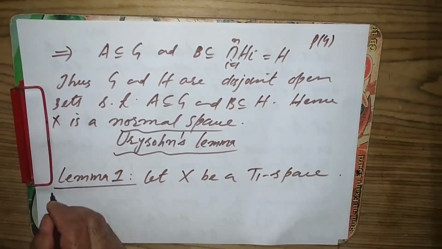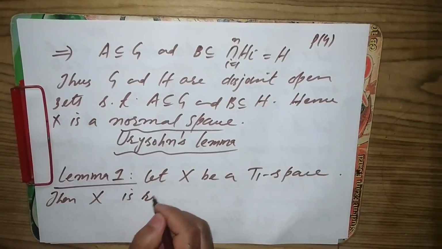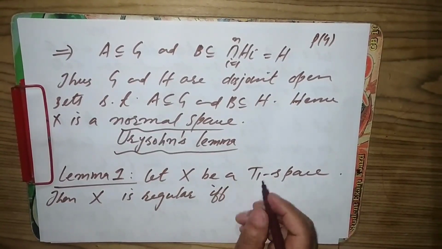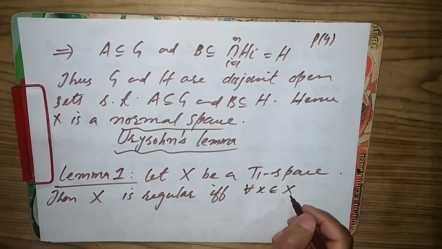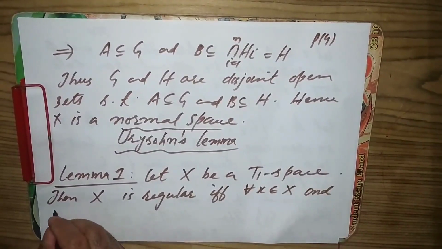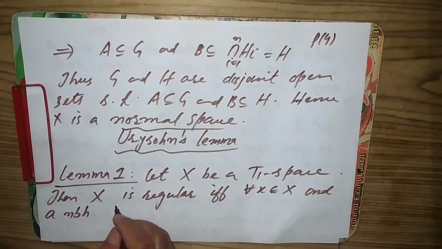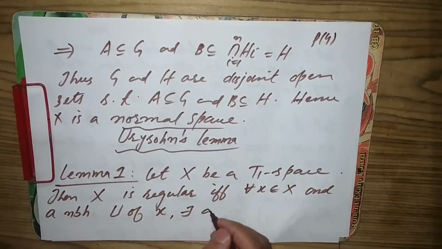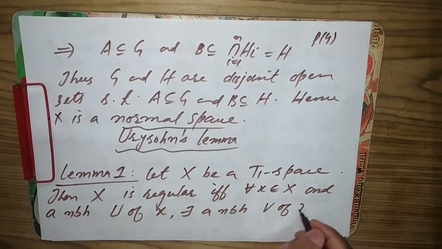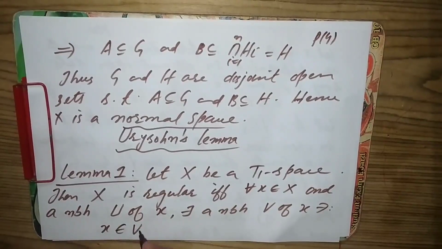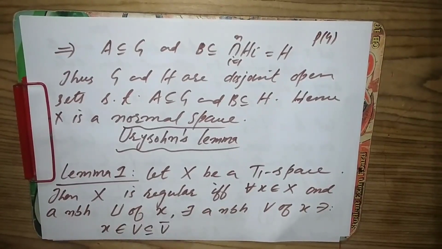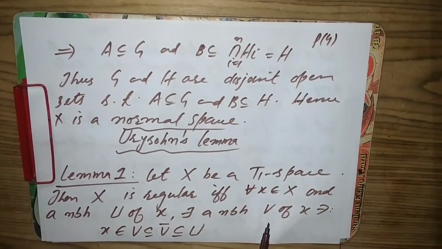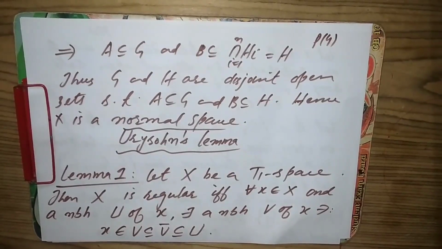Then X is regular if and only if for all x belongs to X and a neighborhood U of x, there exists a neighborhood V of x such that x is in V, and V is a subset of V closure, that's trivial, but this is important, this V closure is a subset of U. So for any neighborhood U of x, we can find a neighborhood V of x such that V closure is a subset of U. That's the first lemma.